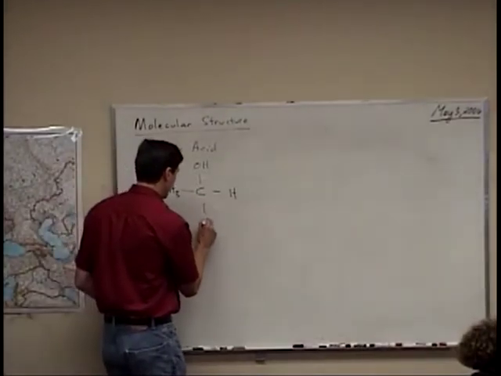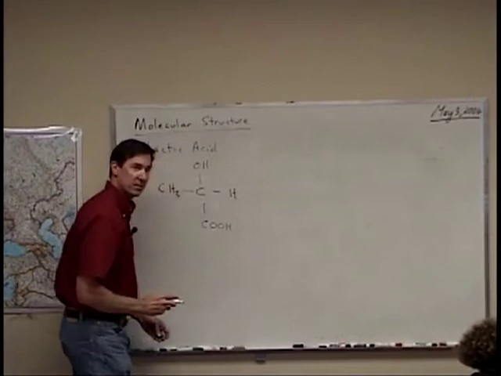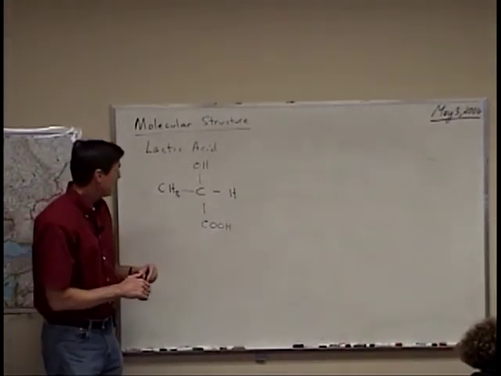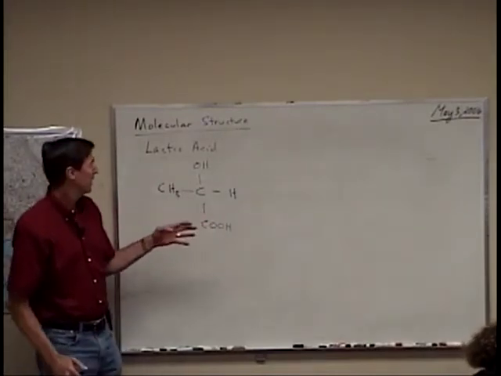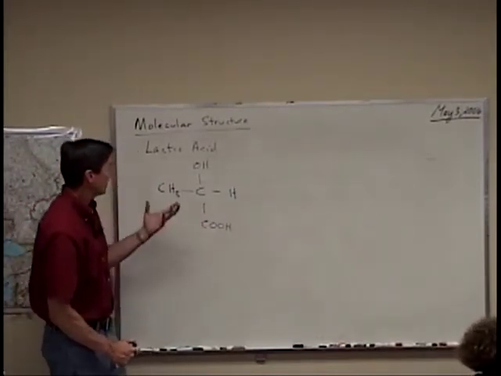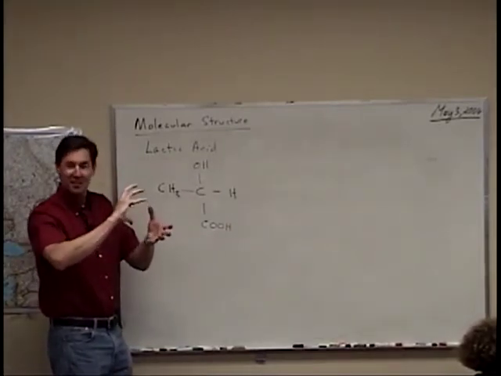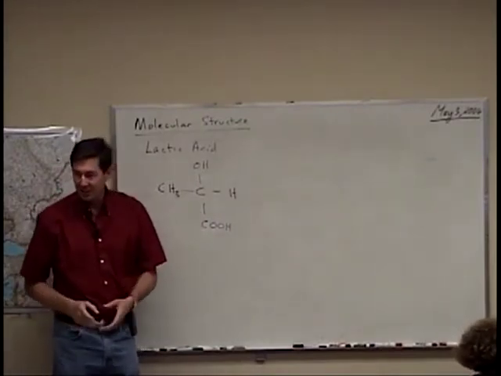And then there's a carbon, 2 oxygens, and a hydrogen on this last group. Now it looks like a kind of complicated molecule, but it's the same basic structure, the tetrahedron that we talked about earlier this morning.